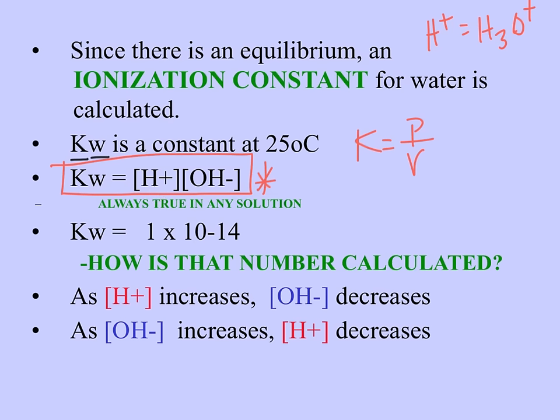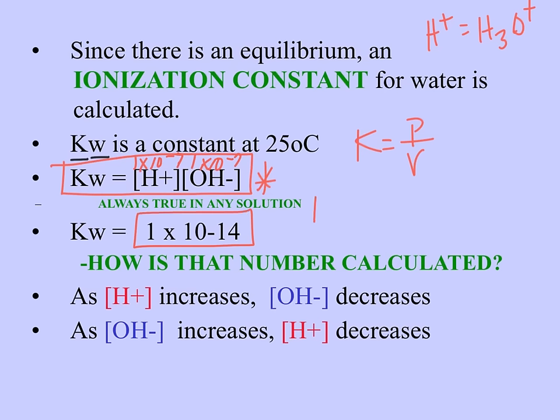Okay? And if you remember, we said that H plus was 1 times 10 to the negative 7, and the hydroxide we also said was 1 times 10 to the negative 7. So when you multiply those together, you get 1 times 10 to the negative 14.